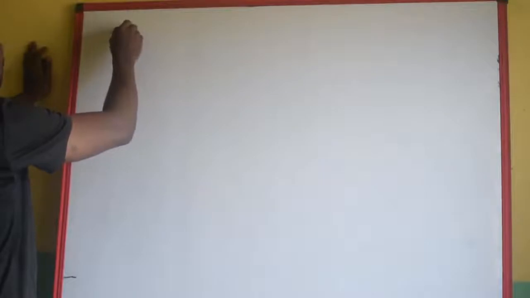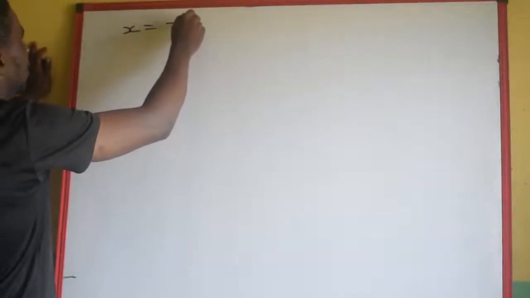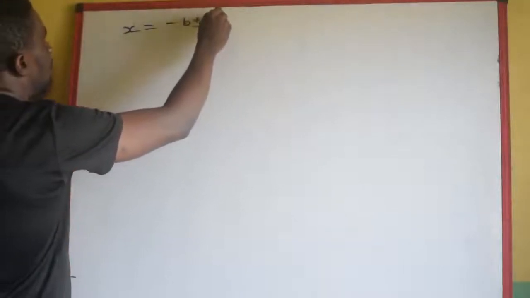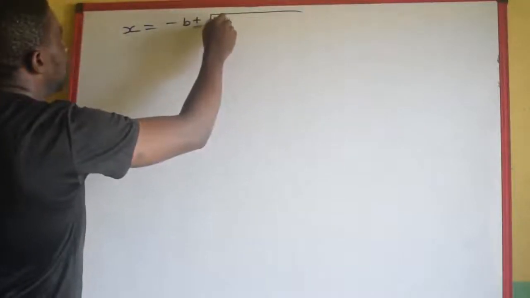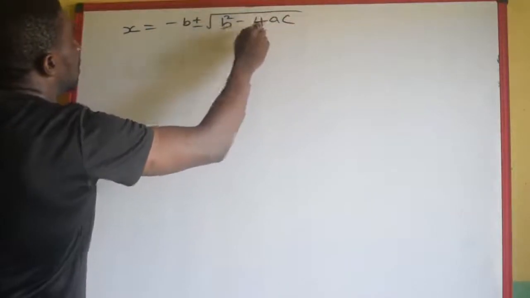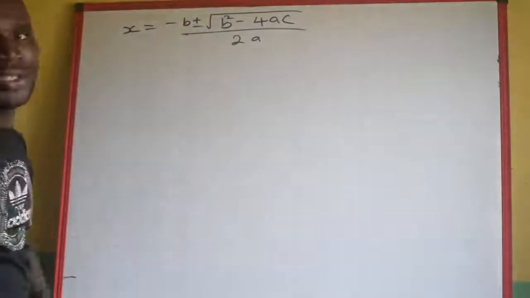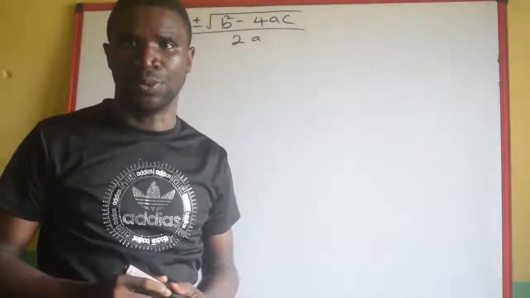So if I should draw your attention back to the formula method, you agree with me that the formula method of quadratic equation goes like this, whereby we have x equal to minus b plus or minus square root of b squared minus 4ac all over 2a. Now this is the formula of quadratic equation.